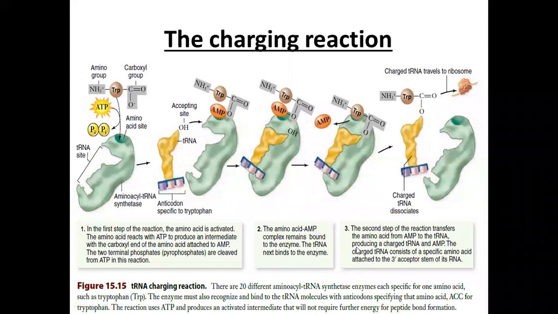And then the second step of the reaction will transfer the amino acid from AMP to the transfer RNA, which will produce a charged transfer RNA and AMP. This charged transfer RNA consists of a specific amino acid that is attached to the 3' acceptor stem of its RNA. Remember, each transfer RNA has a specific amino acid that it attaches to.